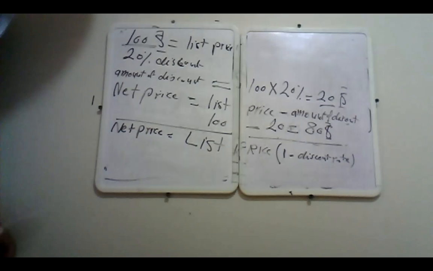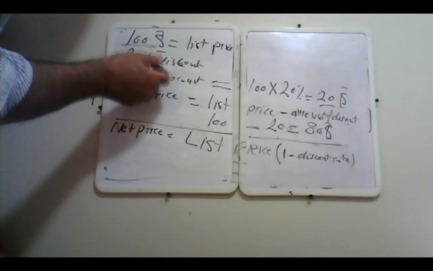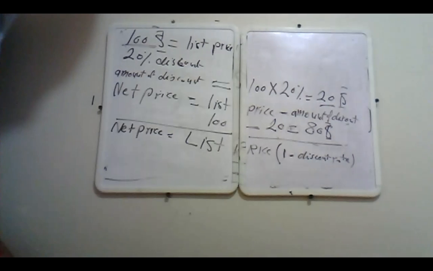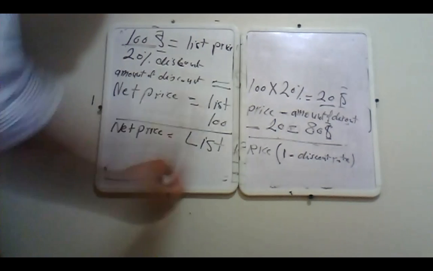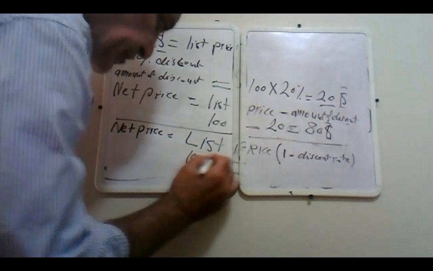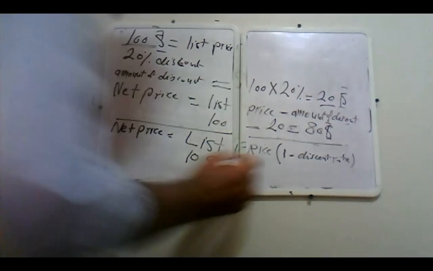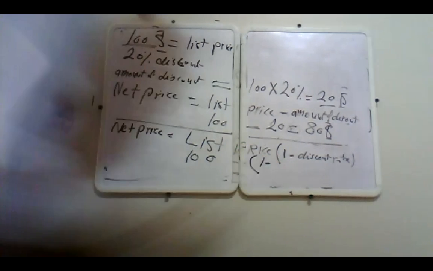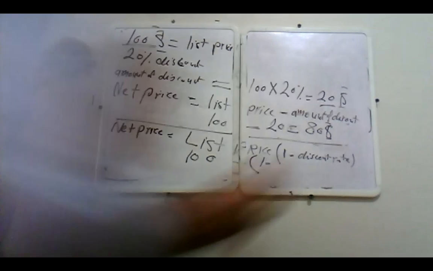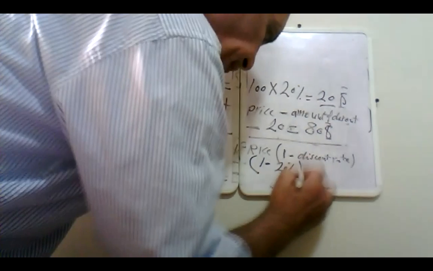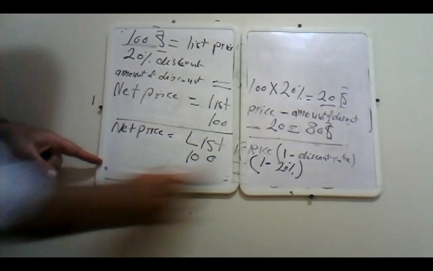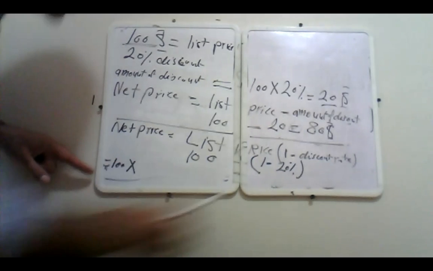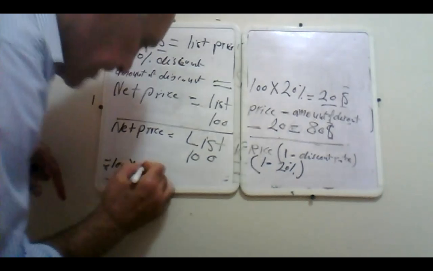So instead of doing it in two steps, first getting the discount, then saying the list price minus the discount, I can do it in only one step. So the list price is 100, multiplied by 1 minus the discount rate. The discount rate is 20%. So let me write it here: this equals $100 multiplied by 1 minus 20%, which means 80%.